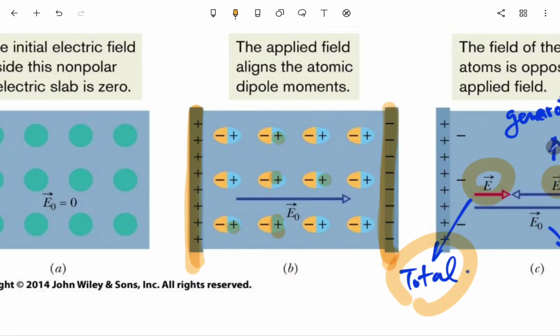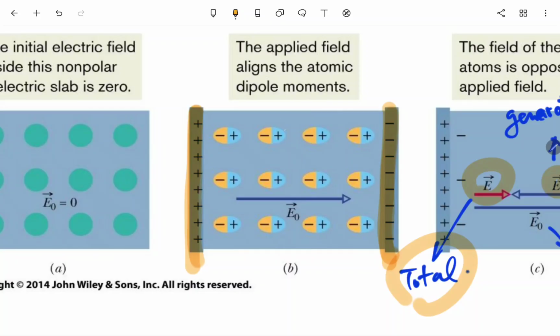The blue color is the positive charge, and the orange color is the negative charge. Even though it is only a bit different, it tends to be a bit more positive charge on the right side and a little bit more negative charge on the left side.